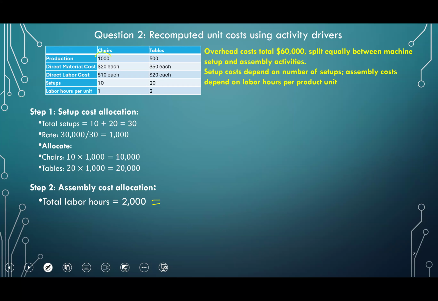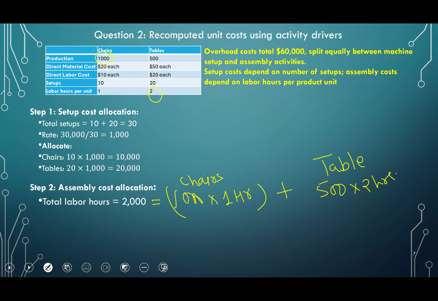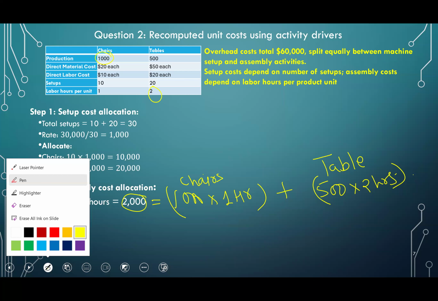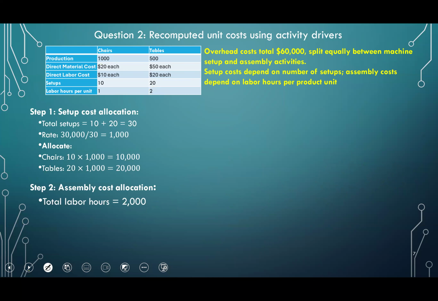Remember, we said 1000 chairs made, each chair requiring 1 hour, plus I made 500 tables, each table requiring 2 hours. So the combination gives me 2000 direct labor hours. You with me? Okay, continue.